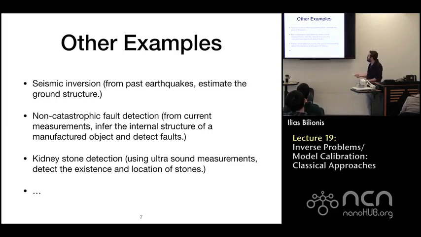Okay, another inverse problem is non-catastrophic fault detection from current measurements, for example. So you have a machine component that may have a defect, like a crack. Let's say it's made out of metal. So you pass current through it and you measure basically its electromagnetic response.